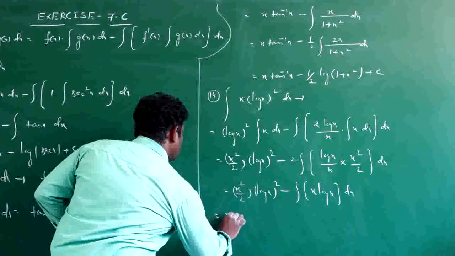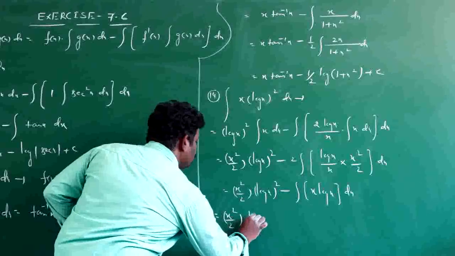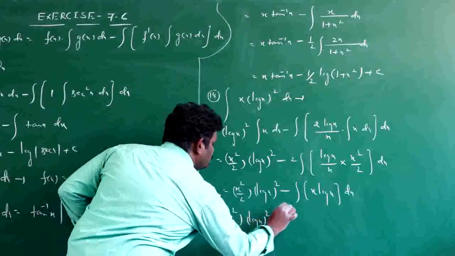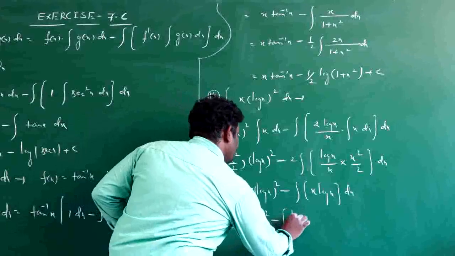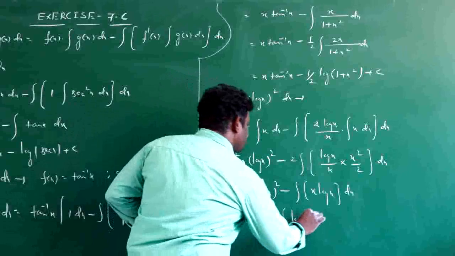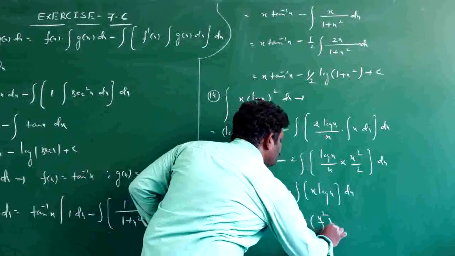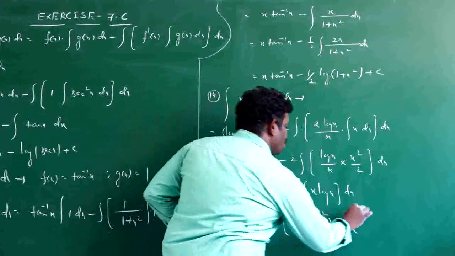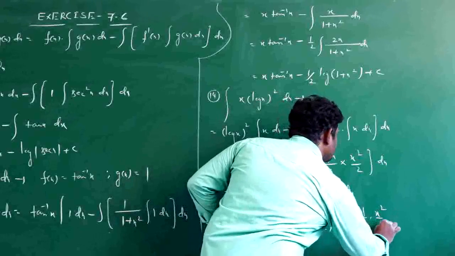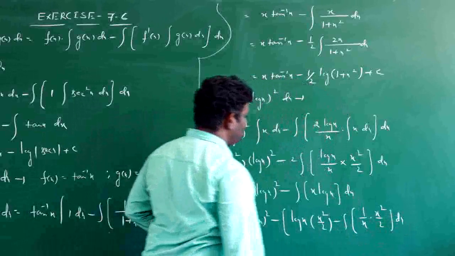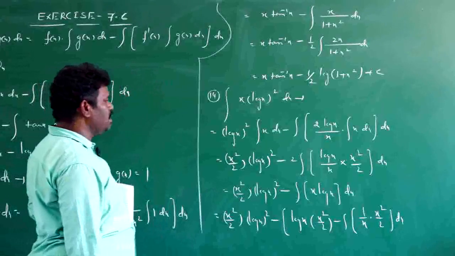Then x square by 2 into log x, minus integral of log x into integral of x, which is x square by 2, minus integral of (log x) into 1 by x, integral of x is x square by 2 into dx.